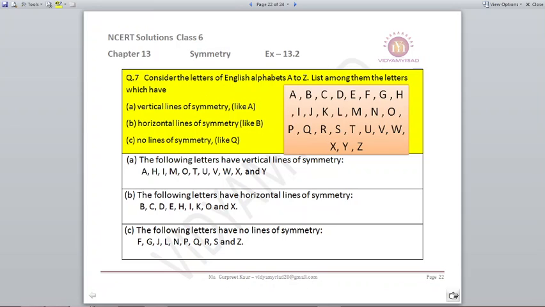And where no lines of symmetry are possible, that is F, G, J, L, N, P, Q, R, S and Z. So in no case, whether a standing line, a sleeping line, or a diagonal line, can anything make the lines of symmetry in all these letters. You can even draw dotted lines on it and imagine whether they will overlap with one another or not.